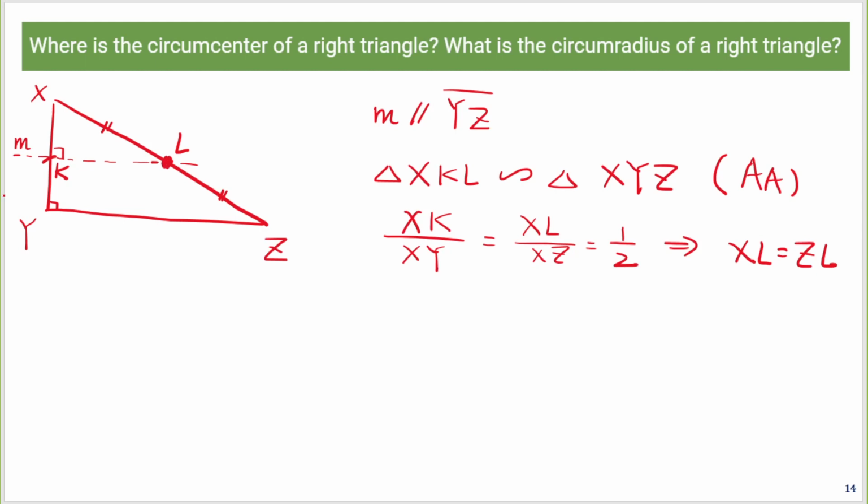And if L is the midpoint of XZ, apparently L is also on the perpendicular bisector of XZ, right? Which means L is on both M and the perpendicular bisector of XZ. We already know that all of the perpendicular bisectors will intersect at one point. So L must be the circumcenter, right?